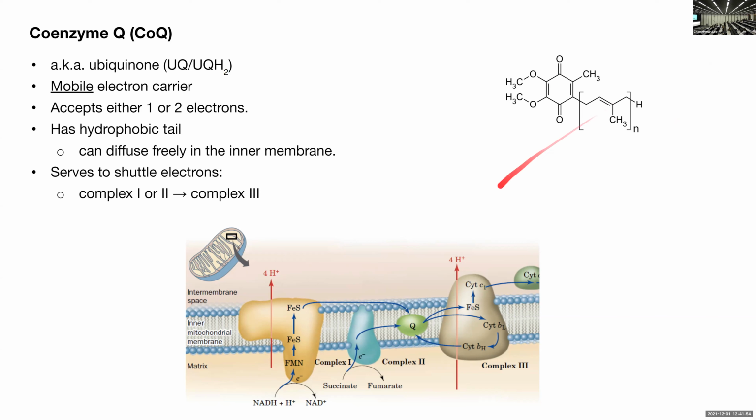Basically this tail is stuck in the inner membrane, and it can diffuse freely in the inner membrane to interact with complex 1, complex 2, as well as complex 3, and works as a shuttle for the electrons.